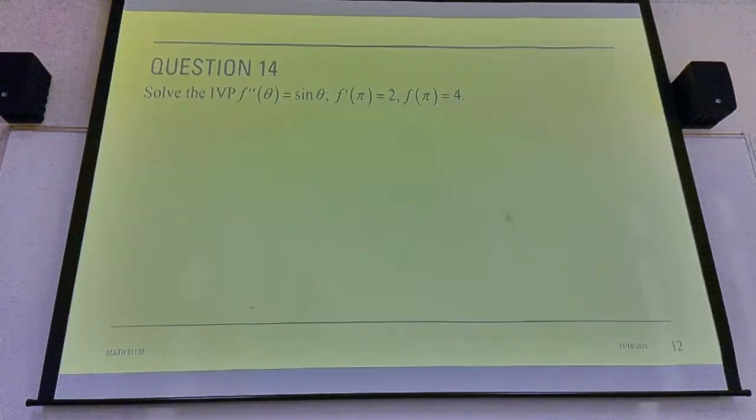Second order initial value problem. Once you start to get up to higher orders, there are two types of problems you can encounter: initial value, or what's known as a boundary value problem.